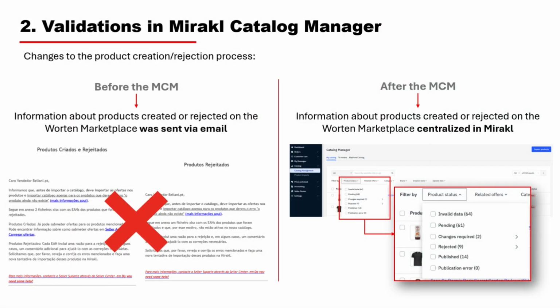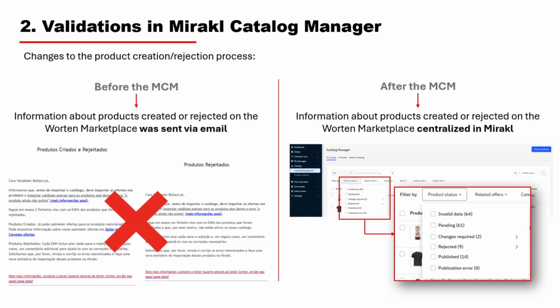With the introduction of the Mirakl Catalog Manager, there has been an important change in how product creation and rejection information is shared. Before MCM, information about products that were created or rejected on the Worten marketplace was sent via email. This made it harder to track updates and keep everything organized.